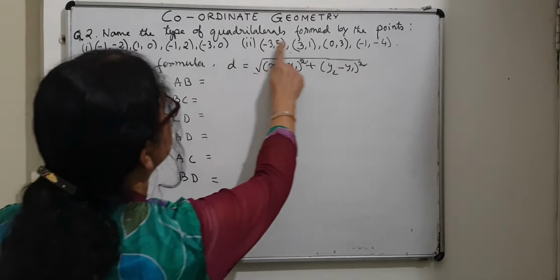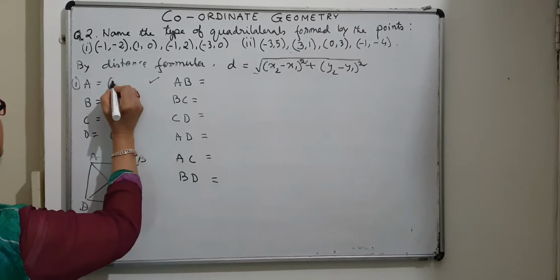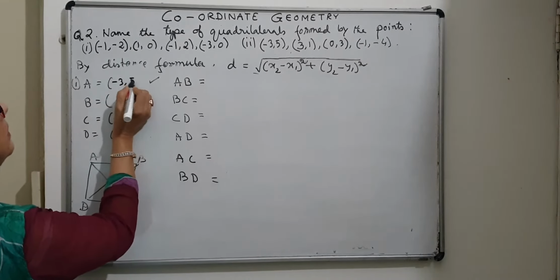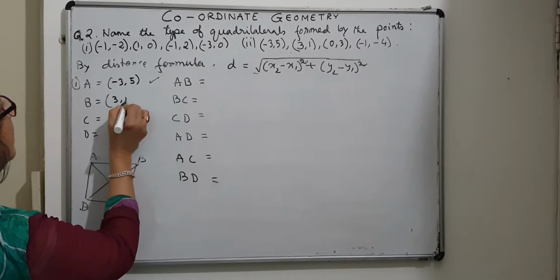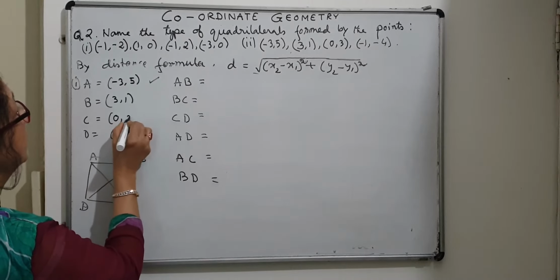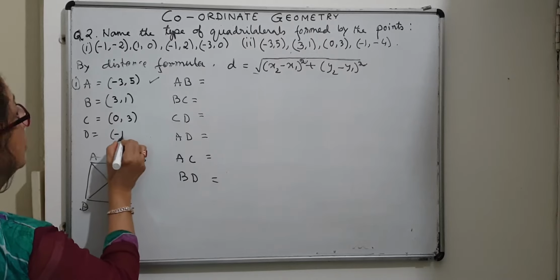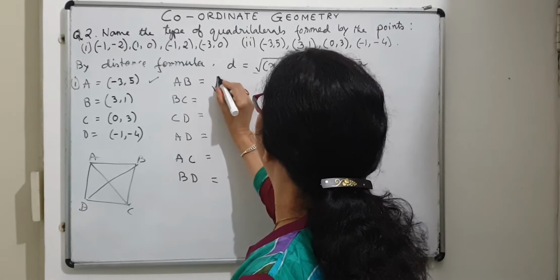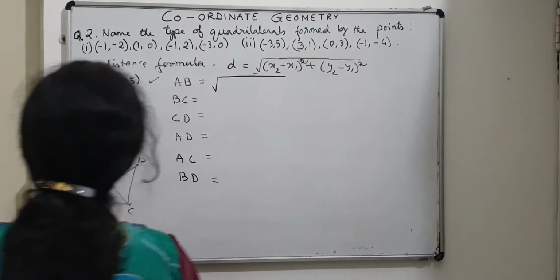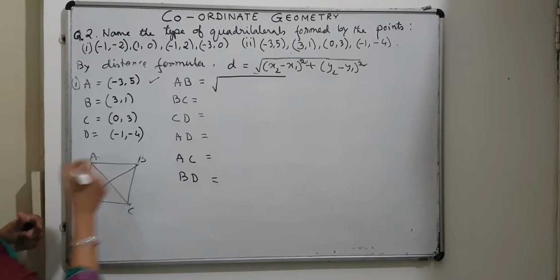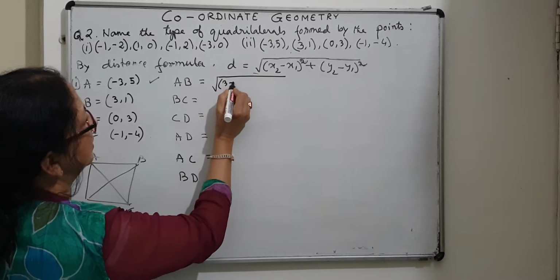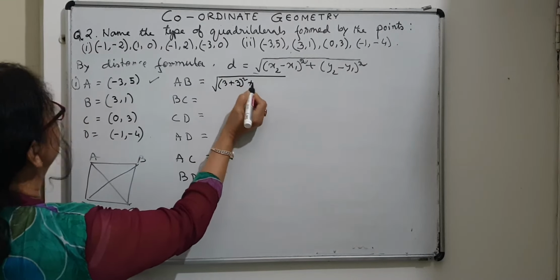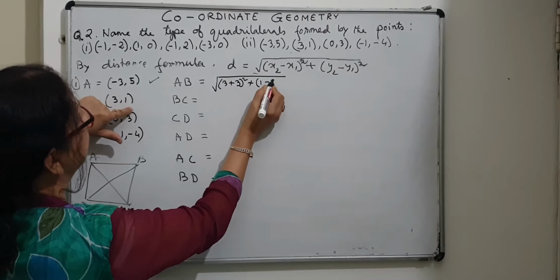Second part, let us write down the points. So A is minus 3, 5. The second point is 3, 1, and 0, 3, and this is minus 1, minus 4. Okay, let's find out AB. So what is AB? 3 minus minus 3, that is 3 plus 3 whole square plus 1 minus 5 whole square.